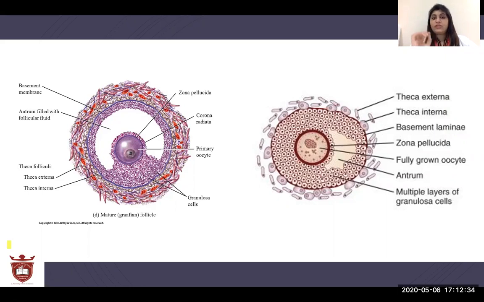As the estrogen becomes higher and higher, जैसे ही estrogen का लेवल बढ़ जाता है, तो ये पिट्यूटरी को पॉजिटिव फीडबैक मैकेनिज्म के जरिए सिग्नल भेजते हैं कि आप अब फॉलिकल स्टिमुलेटिंग हार्मोन और ल्यूटिनाइजिंग हार्मोन को सिक्रेट करिए.